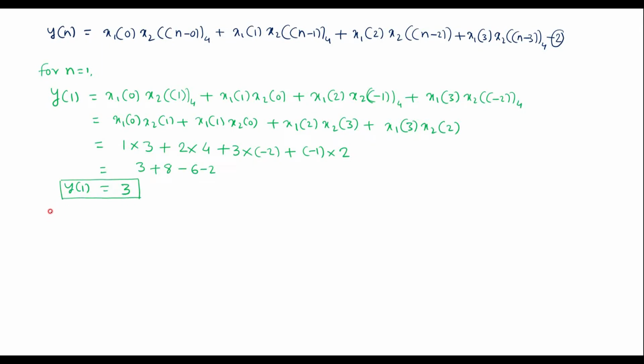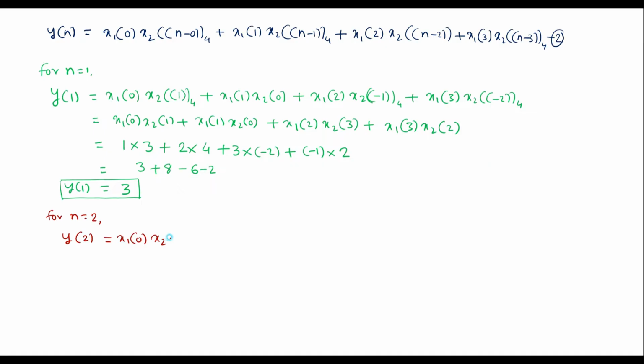So now take n equal to 2. In the same equation, we'll substitute n as 2. Therefore, I can write it as y of 2 is equal to x1 of 0.